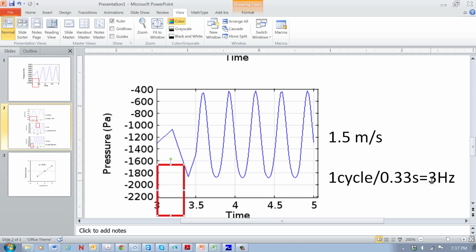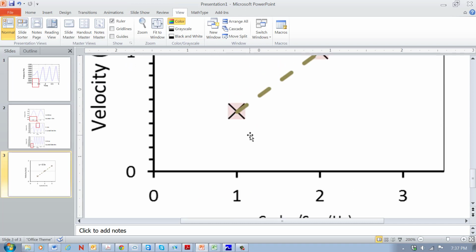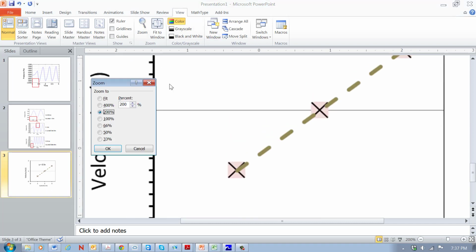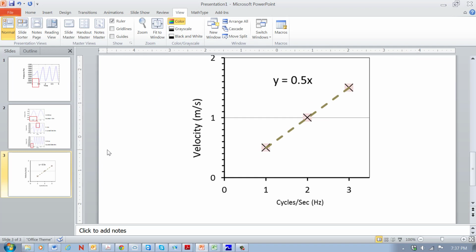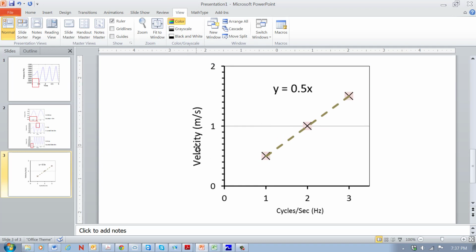And if it does, then we could measure the pressure and use the frequency of the pressure fluctuations to estimate the flow rate. So I plotted up these results, and here's what you get. Zoom out a little bit, and there's the flow velocity that I used in the simulation as a function of the cycles per second of the pressure fluctuation. And you can see there's a nice correlation.